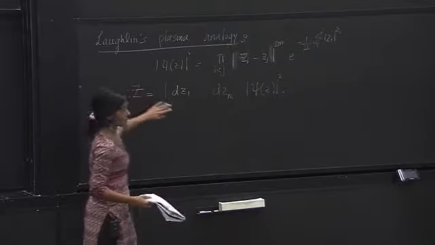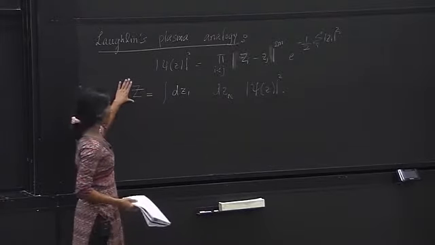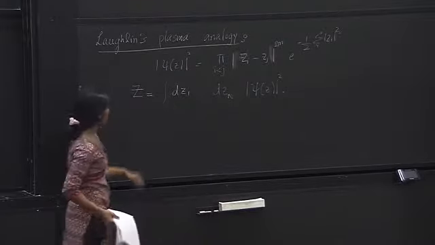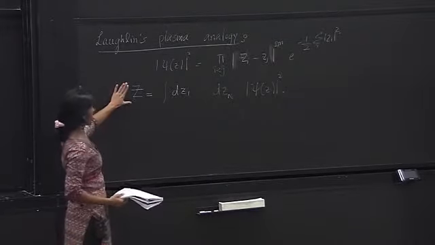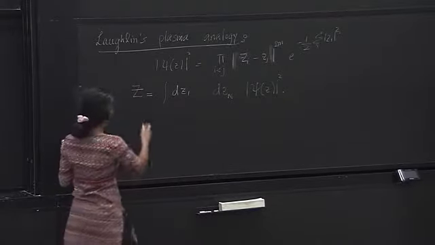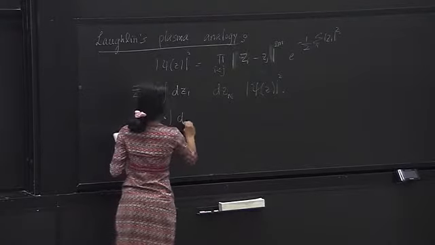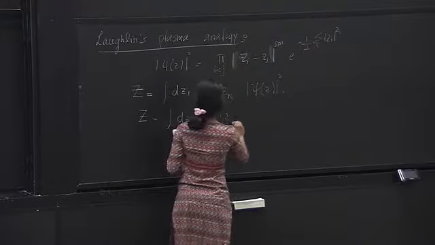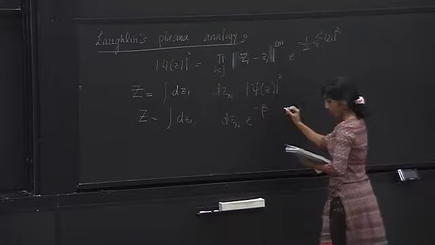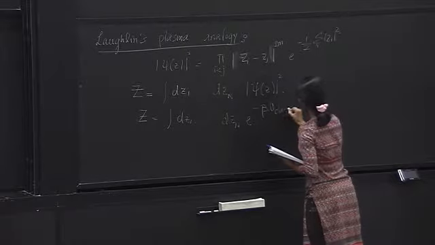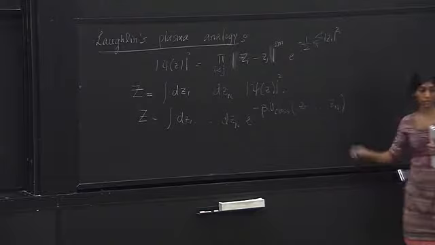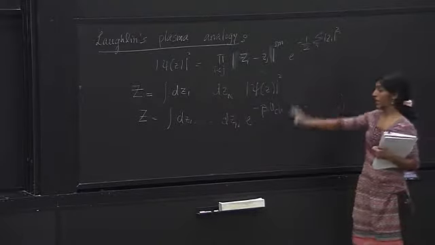Quantum mechanically, this quantity has an interpretation as the norm of the wave function. I just take its mod square and integrate over all the particles. But pretend for a moment that this quantity is the partition function that you would write down in statistical mechanics, where if I had n particles, I would write down some partition function like this. So pretend this is this.